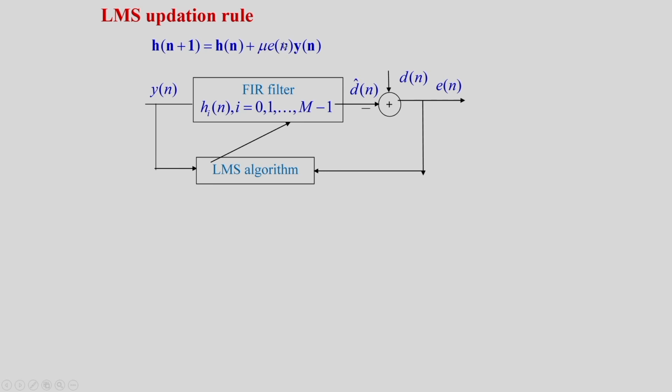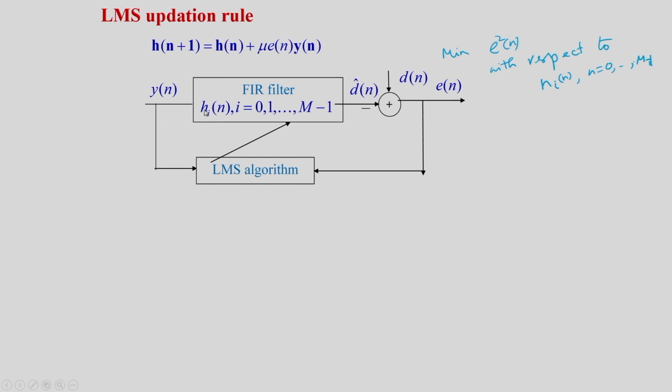We get this by applying the steepest descent algorithm to minimize this cost function e squared[n], that is, minimize e squared[n] with respect to h_i[n], i equal to 0, 1 up to M minus 1. When we apply the steepest descent algorithm to this optimization problem, we get this updating rule. So, this is the LMS updating rule.